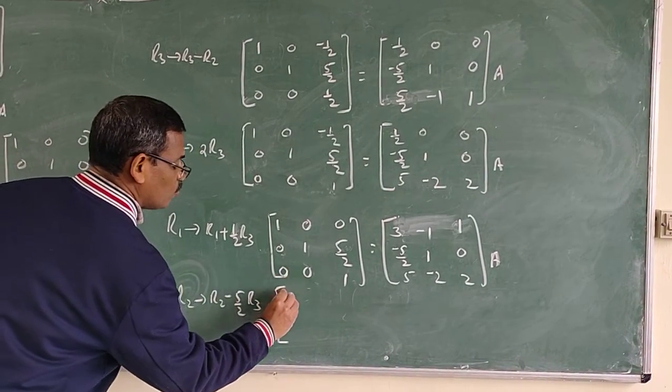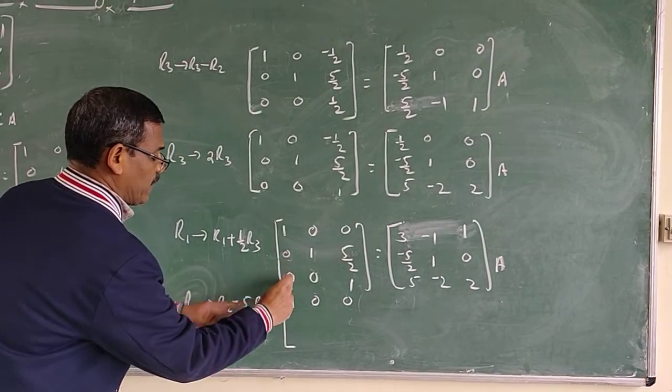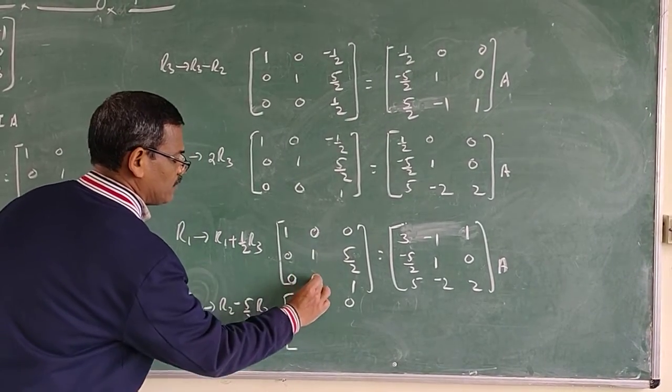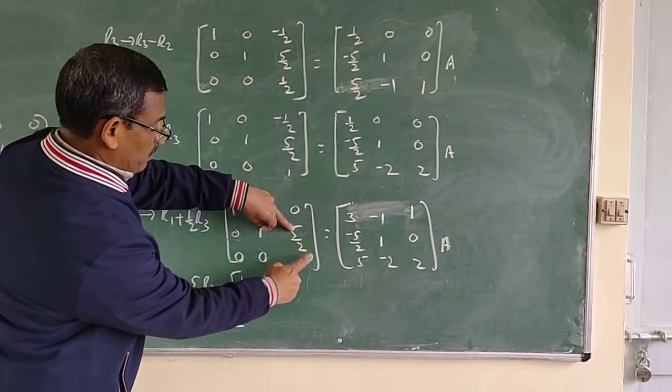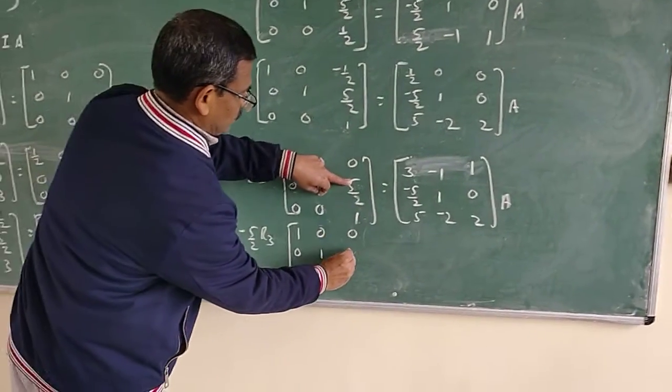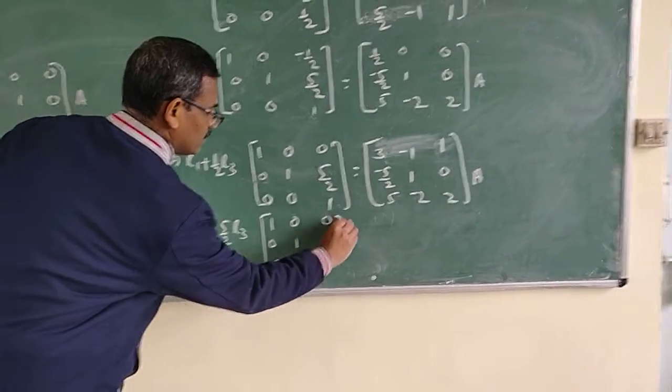So here 1, 0, 0, then 0 minus becomes 0, and when you multiply it becomes 1. 5 by 2 minus 5 times here, so that is 0, 0, 0, 1.